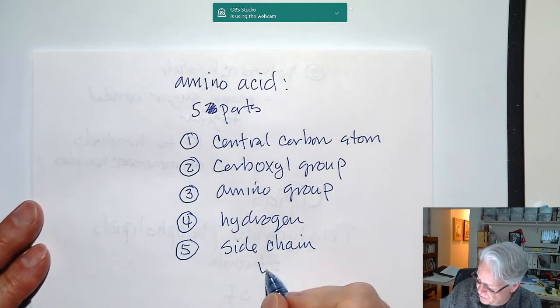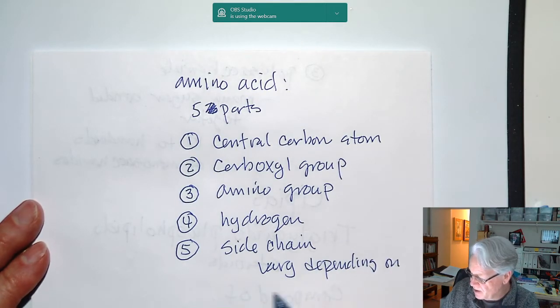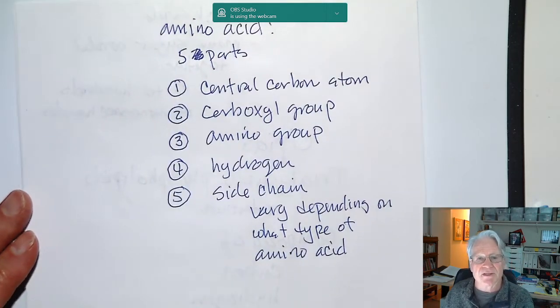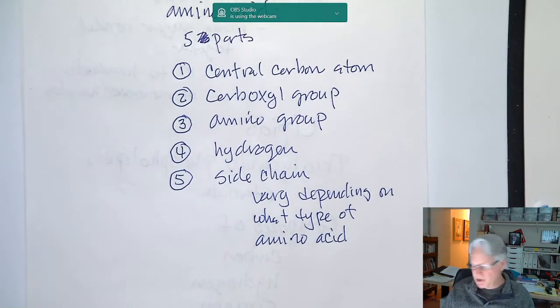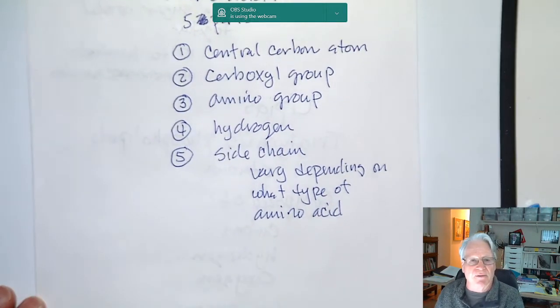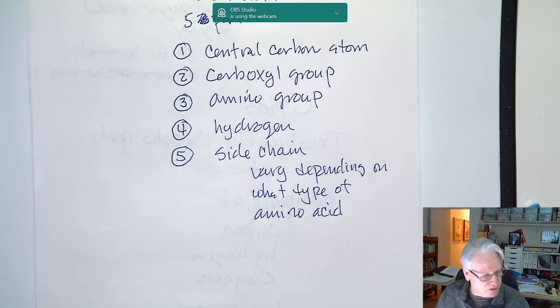This is going to vary depending on what type of amino acid is involved here. So 5 parts. Let's go ahead and draw a quick picture for our notes of the basic structure of an amino acid, and we'll talk about it a little bit more.